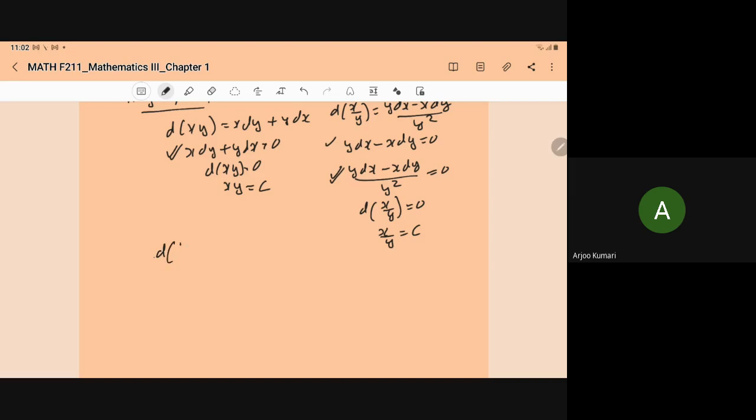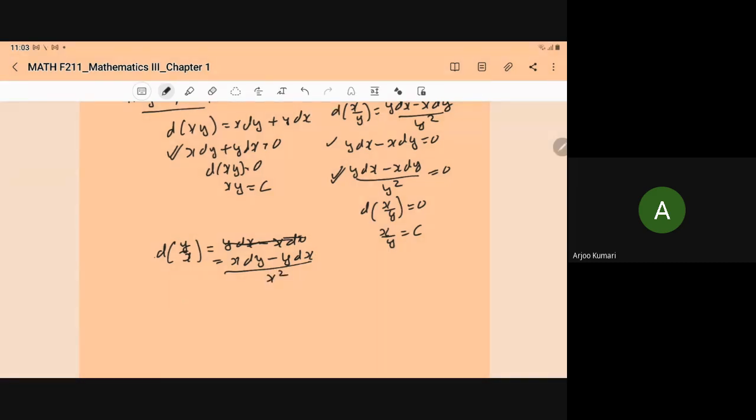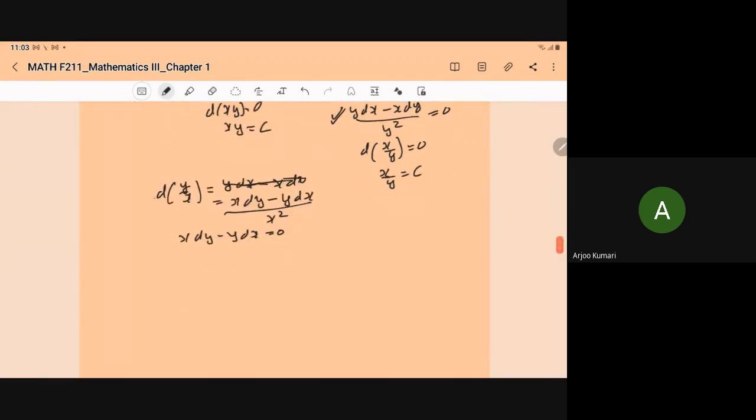You know that we have d of y upon x, so it is (x dy minus y dx) upon x square. So by chance, if you have the equation x dy minus y dx is equal to 0, to solve this, what we can do is write (x dy minus y dx) upon x square is equal to 0.